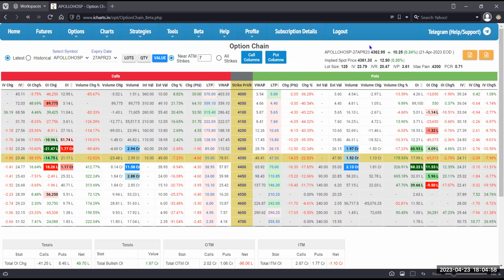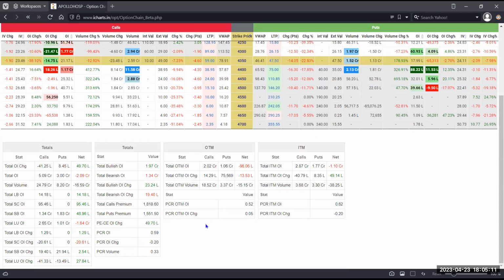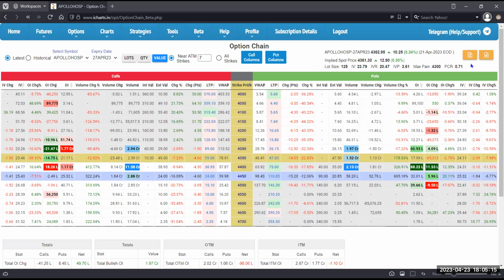No, these are overall. So PCR is 0.71, and PCR is overall. If you click on all strikes, you will get the same PCR over here, but the values below will change. So this is for all strikes overall. Okay, thank you.